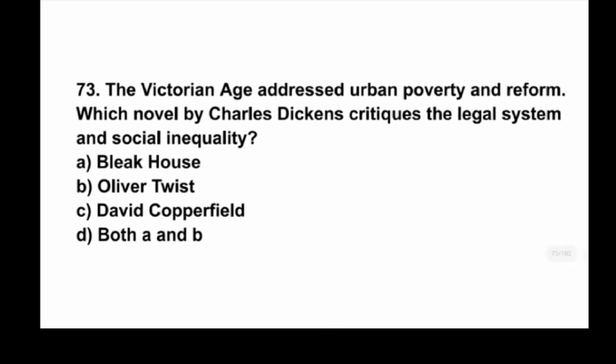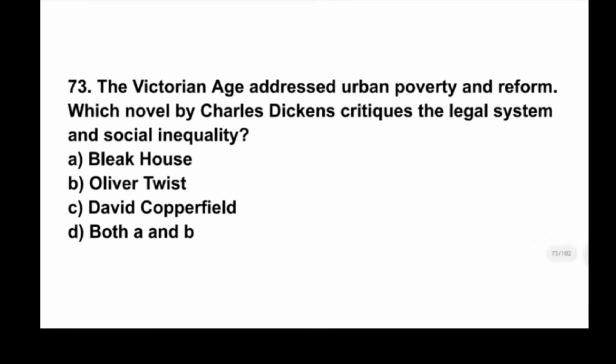The Victorian age addressed urban poverty and reform. Which novel by Charles Dickens critiques the legal system and social inequality? Bleak House and Oliver Twist.